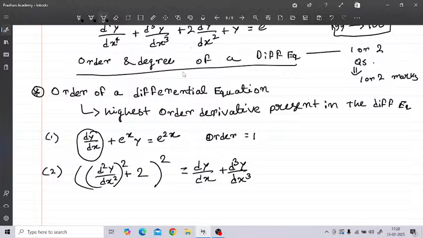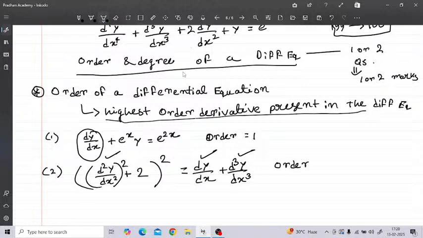Here we can see a first order derivative, a second order derivative, and also a third order derivative. But what is the order? Order is the highest order derivative present in the differential equation. So in this equation the highest order is 3. So the order of this differential equation is 3.